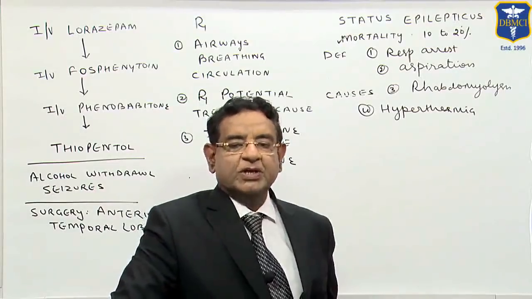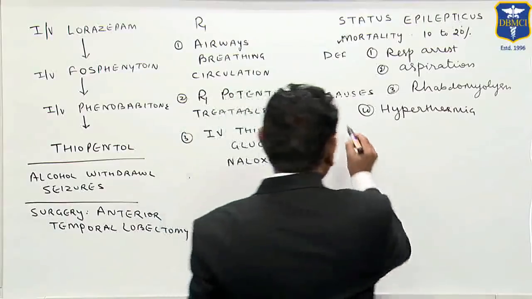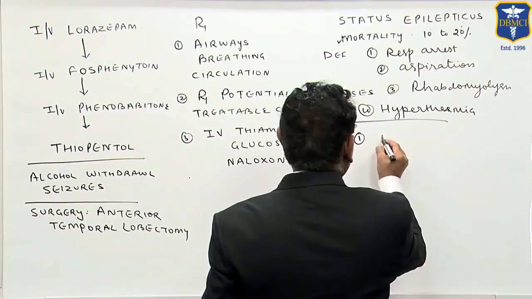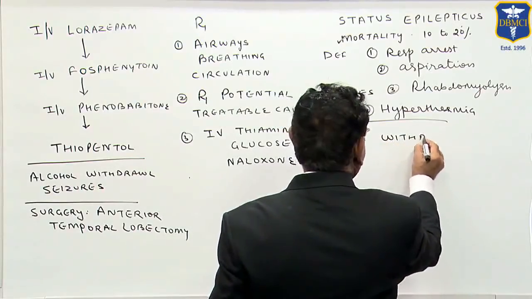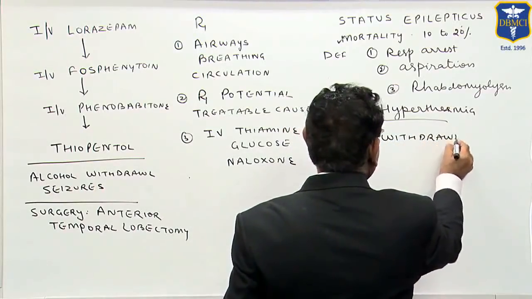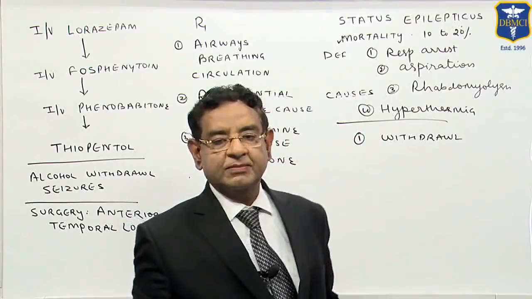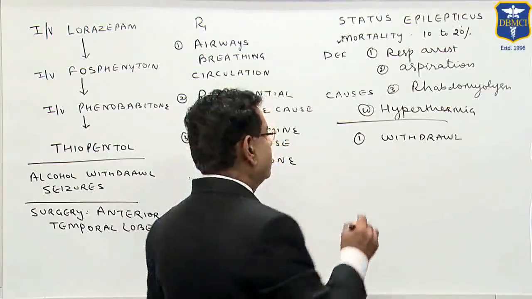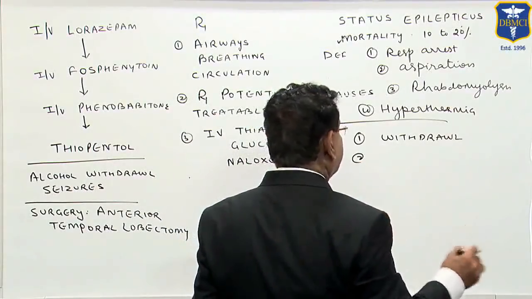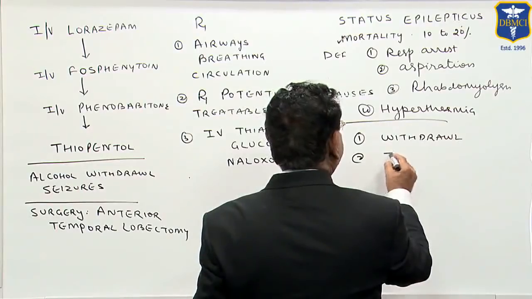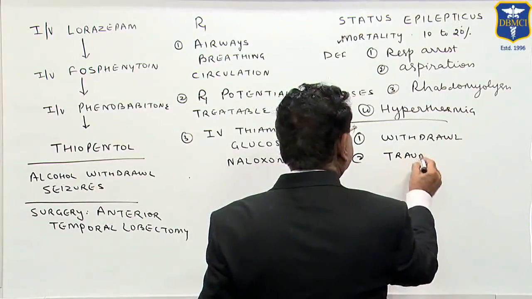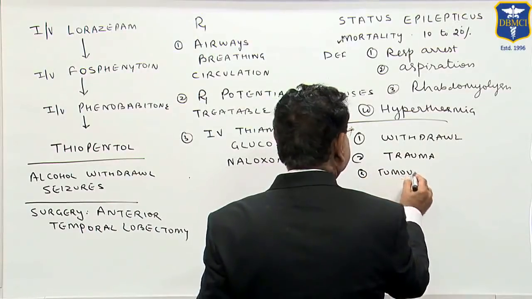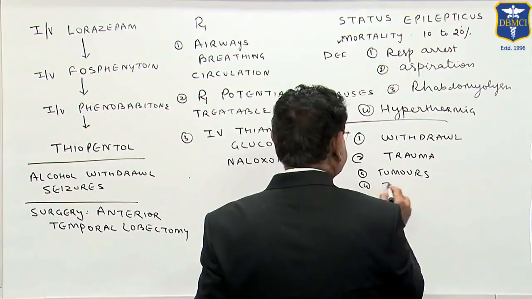Now, why does it happen? What are the causes? The most common cause is sudden withdrawal or stoppage of the drug, usually by the patient, what we call non-compliance to treatment, or the patient may have some trauma, tumors, some infection.